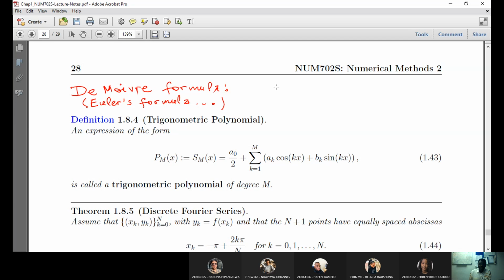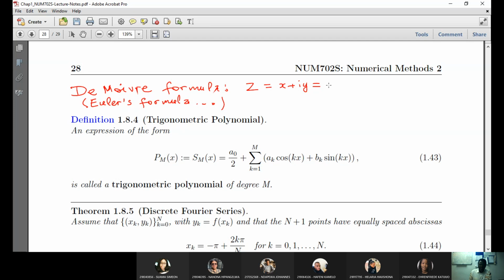When you have a complex number, remember that you can write a complex number z in a trigonometric form. It has a trigonometric representation. In general, you can write a complex number in this form, which is an algebraic representation.